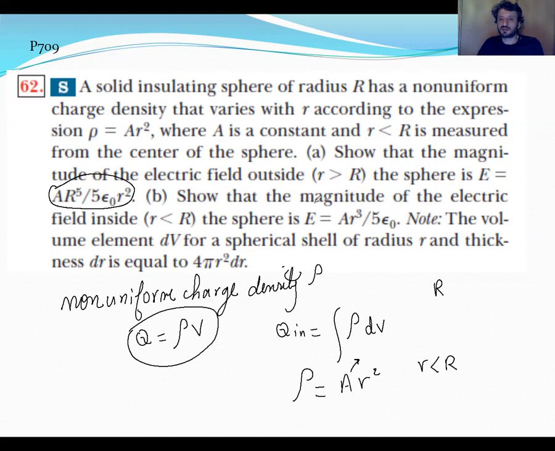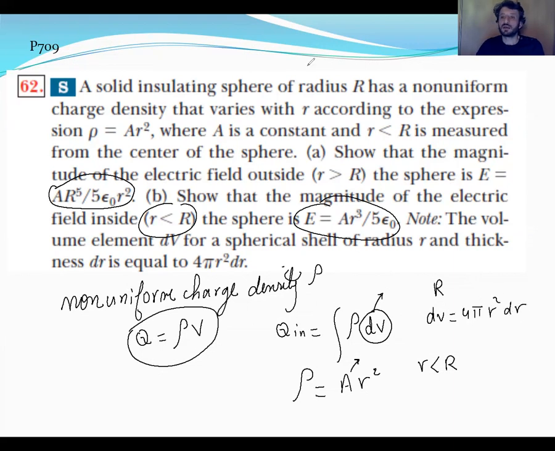B, show that the magnitude of the field inside the sphere equals this value. And note that the volume element dV is given. dV for a spherical shell of radius r and thickness dr equals 4 pi r square dr.